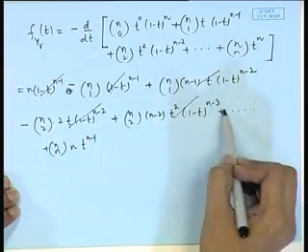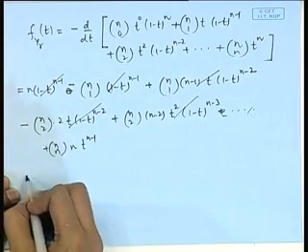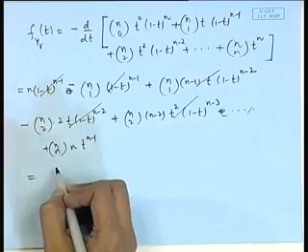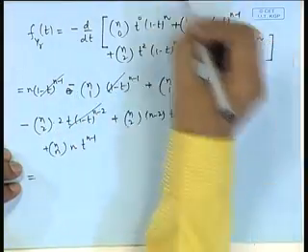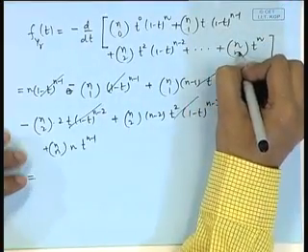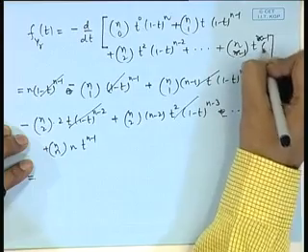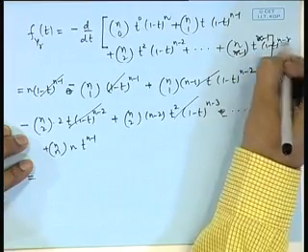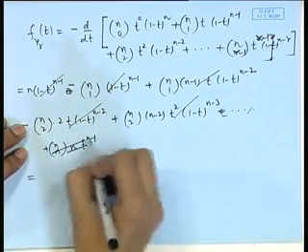So likewise all the terms will cancel each other and we will be left with the last term. The last term was nc r minus 1 t to the power r minus 1 (1 minus t) to the power n minus r. So this we wrote wrongly.